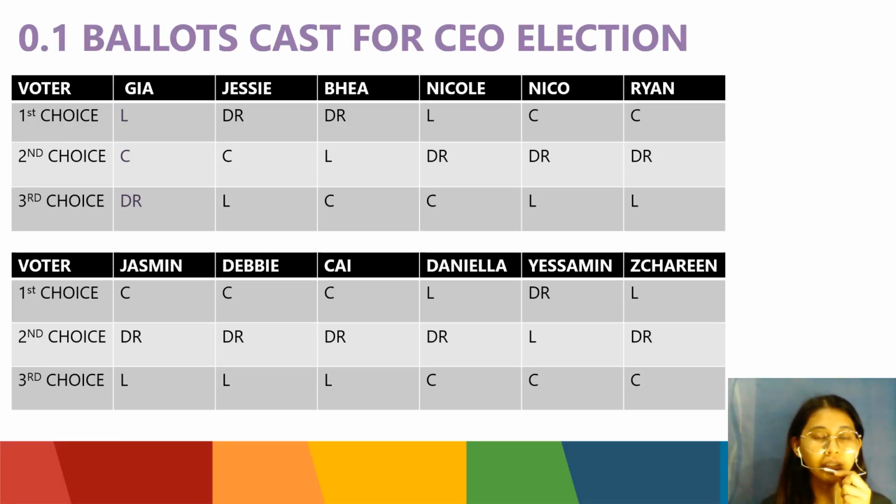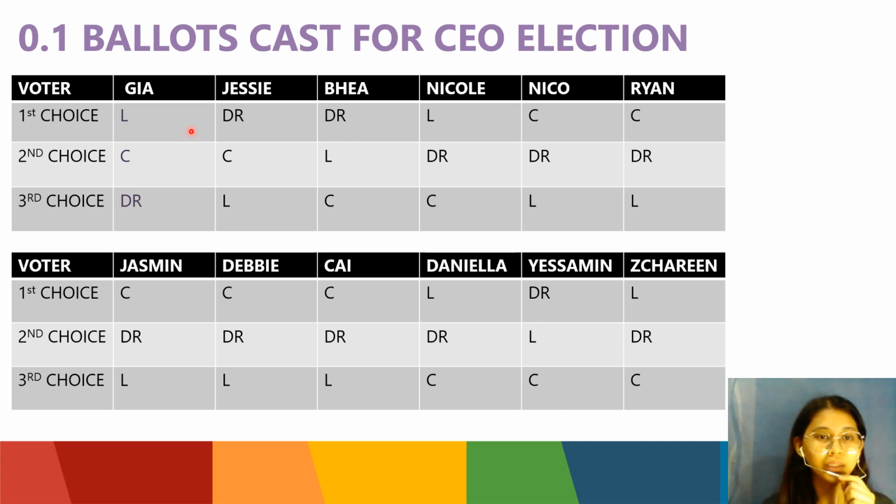As we create the table for the CEO election, we also need to create a table for our participants or voters. You may wonder why there is a first, second, and third choice. On slide 6, it states that all the voters have the right to fill in their choices of who they will vote for.